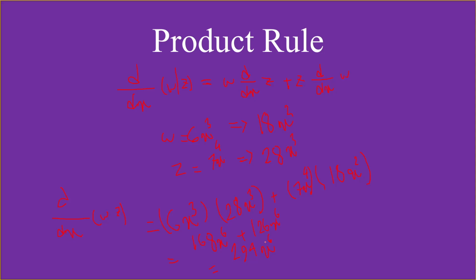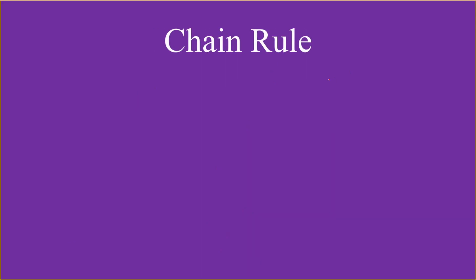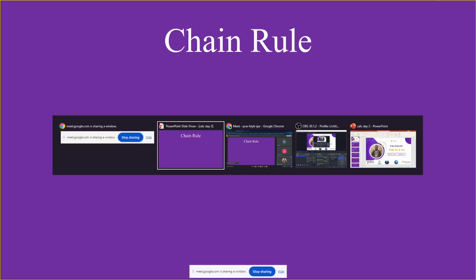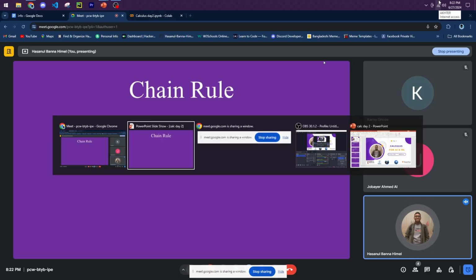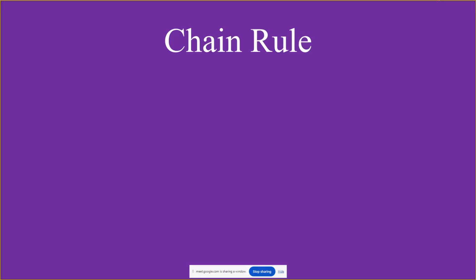So that was our product rule. Here comes the main part, the chain rule. When we are doing our machine learning projects, or training our machine learning models, the chain rule is used mostly.